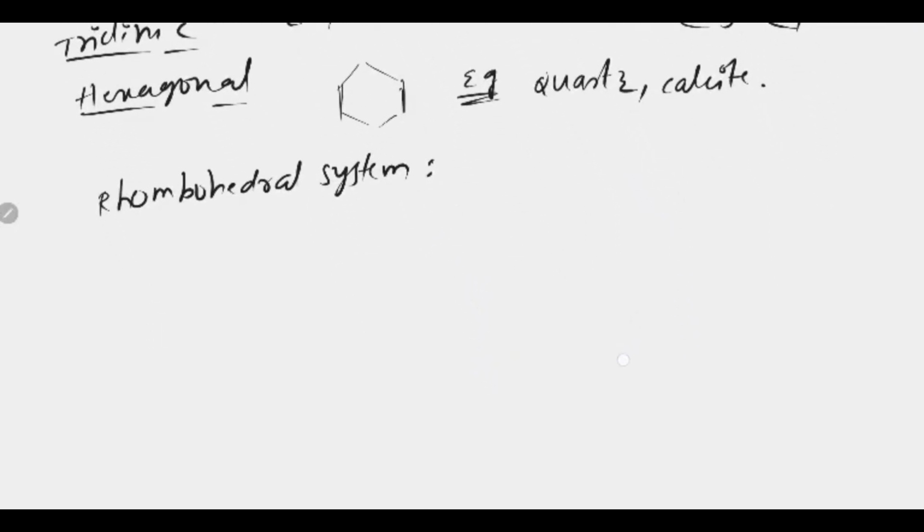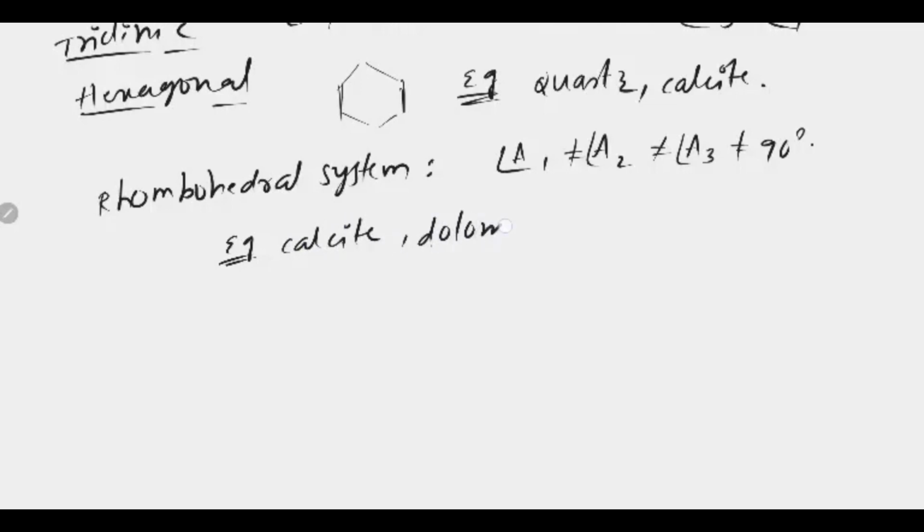In this, the angles are not equal to 90 degrees. And examples are calcite and dolomite. These are the examples.